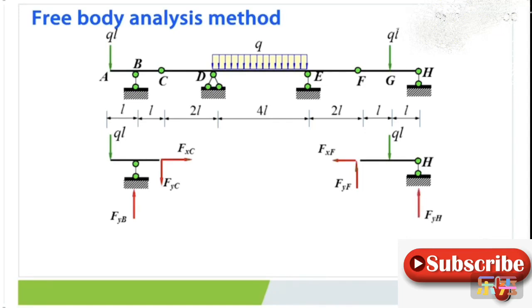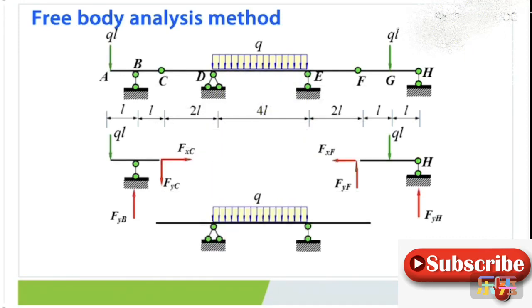So there will be reactions for the main portion CDEF. FYC prime is opposite to the direction of FYC. FYF prime is in the opposite direction to FYF. Here, FXC and FXF are all equal to 0. The support reactions at D and E are FYD and FYE.